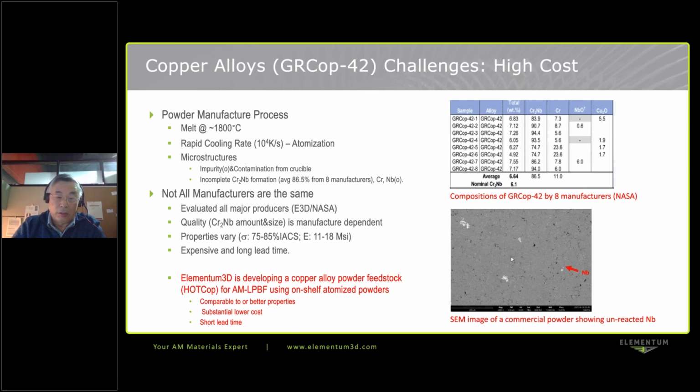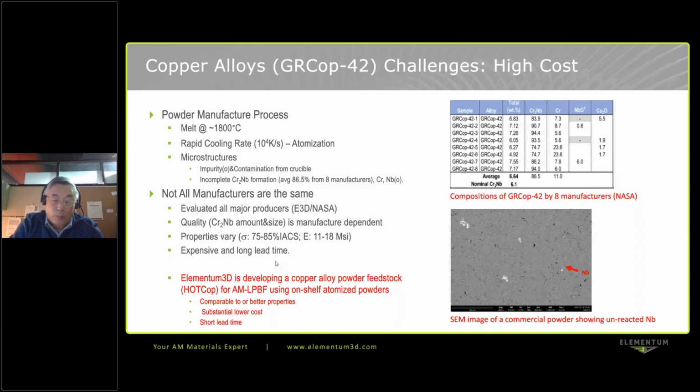The biggest issue with GRCop is that we found not only is the quality inconsistent, it's also expensive. And if you ever try to order this, the lead time is relatively long. So at Elementum 3D, we decided to develop something similar. We named it High Operation Temperature Copper, or Hot Copper, and we have achieved some exciting initial data.